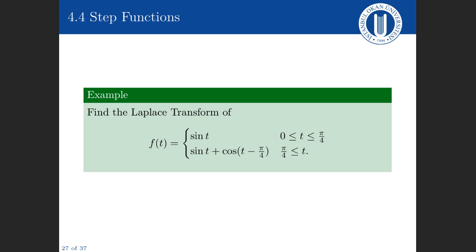Find the Laplace transform of this function, which is equal to sine t if t is between 0 and pi over 4, or sine t plus cos t minus pi over 4 between pi over 4 and infinity.